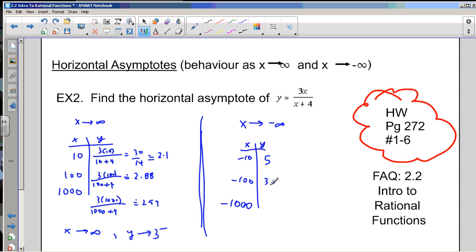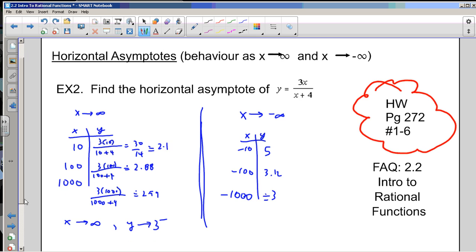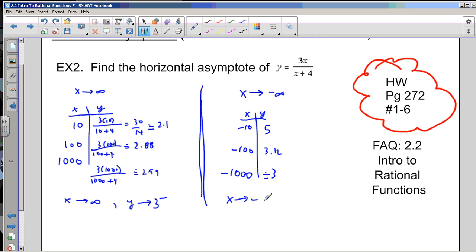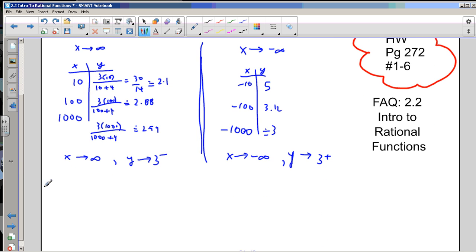This one's 3.12. This one is about 3, but a little bit more. And so it appears that as x goes to negative infinity, the y values go to 3 from above. They're bigger.